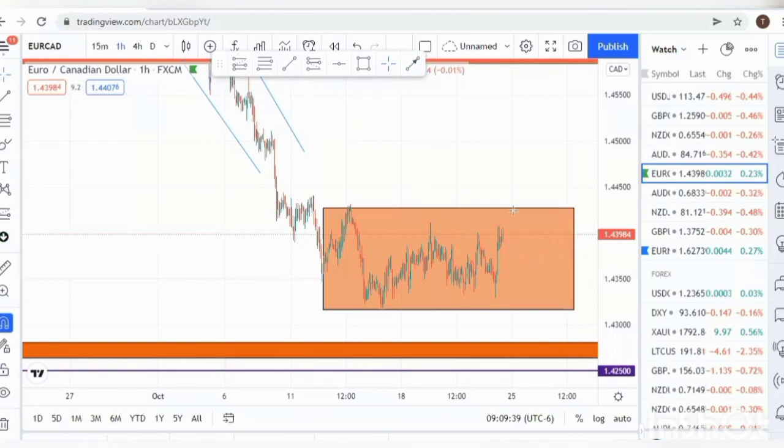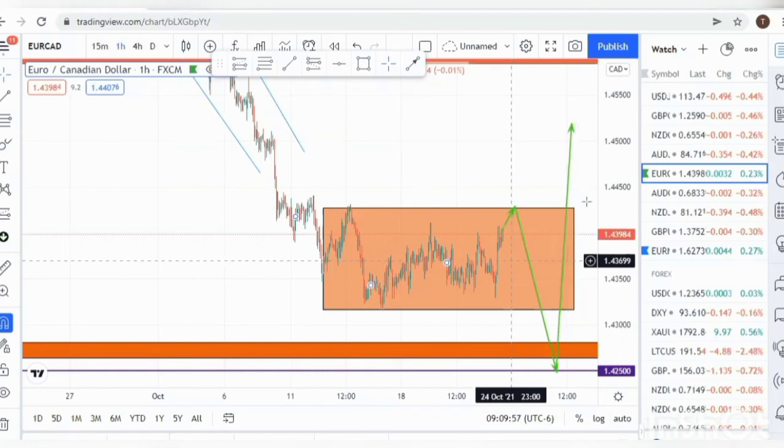Maybe rally all the way up, then push me into my cycle level 1.4200. Then I'll start waiting for it to go down, break this box, retest this box. Now I will look for an entry criteria within here and rally this trade all the way up.